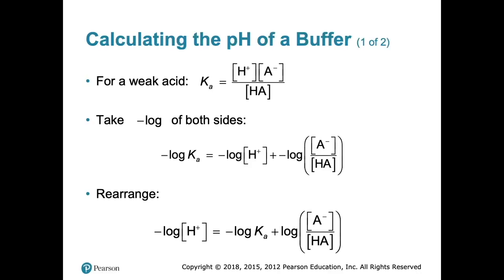There we go. So if the negative log of the hydronium ion concentration slash proton concentration is the pH, what does the P in pH mean? We already know that the H in pH means proton, right? So what does the P part mean?